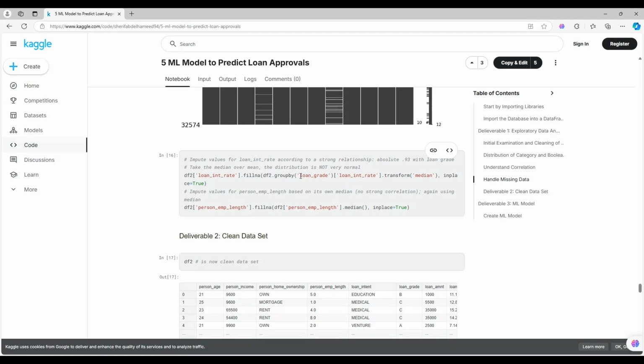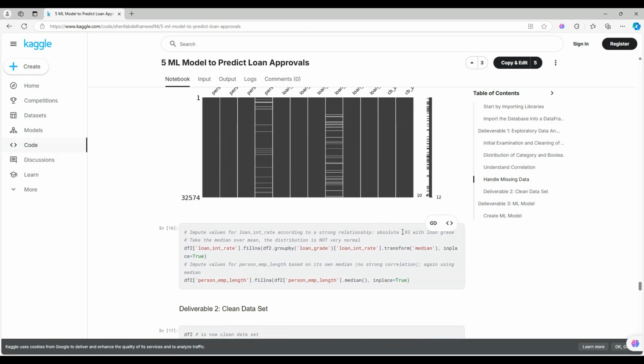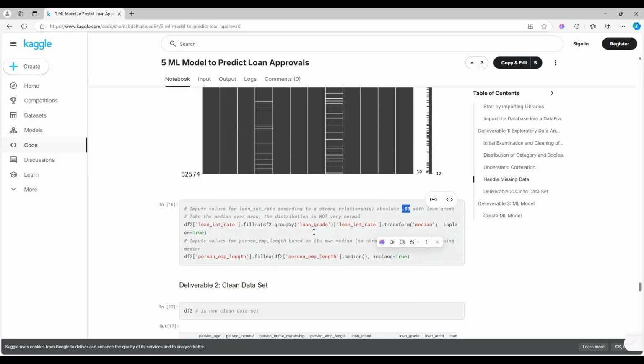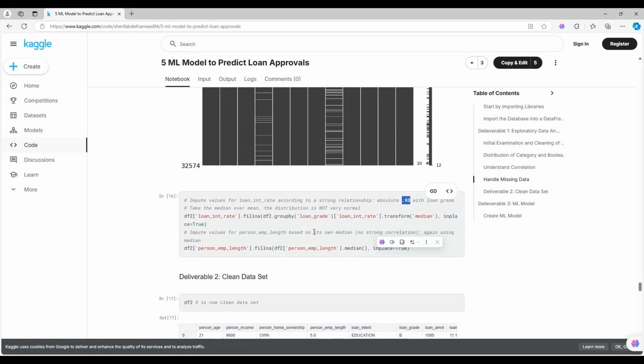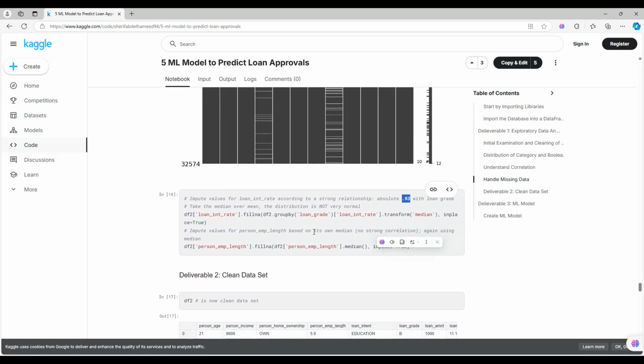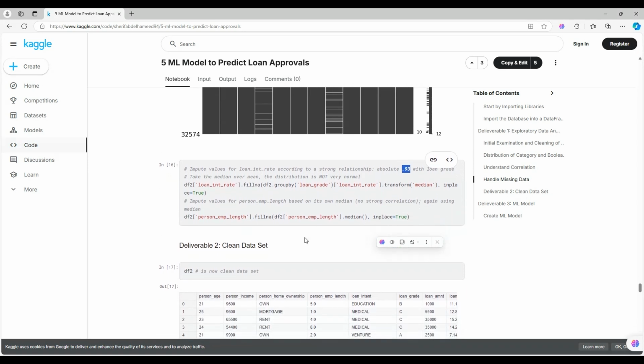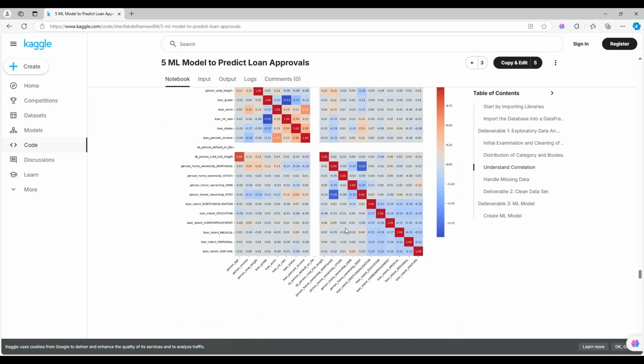So we use the loan grade based on the high relationship, the 0.93 absolute correlation. Loan grade is related to loan interest rate, and now we utilize that relationship to impute the values. On the second front, we need to impute values for person employment length, but we choose to do that based on its own median.